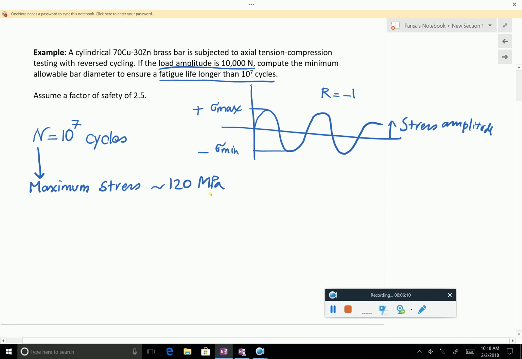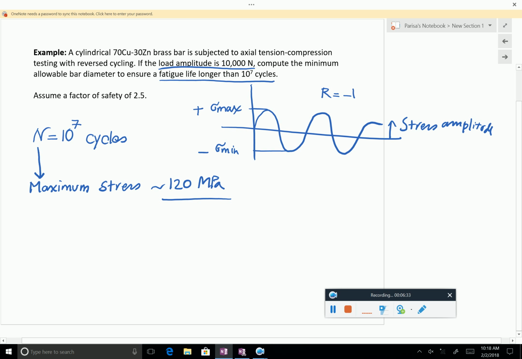So there is one more thing that we have to be careful about, and that is the factor of safety. So what do I do with factor of safety now? Now I want to design the bar. I know the maximum stress that I can apply without having fatigue failure is 120.